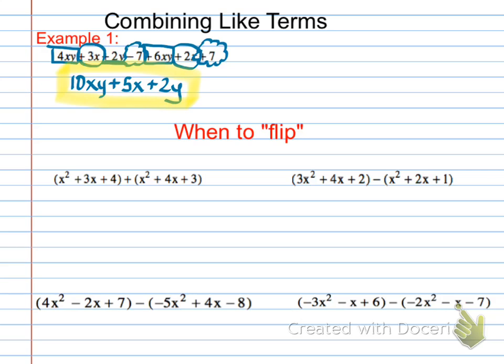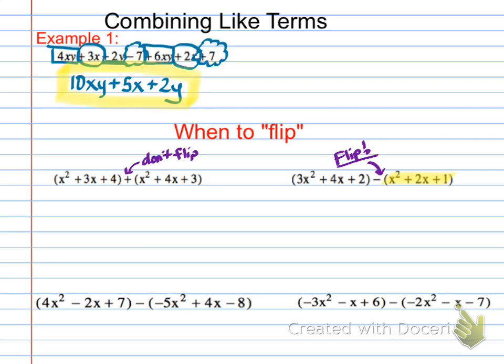But now when we start having to flip, let's review when to flip. When I see that plus, I'm not going to flip because that would mean all the tiles are in the positive section of my algebra board, and so I'm not going to flip anything for that first example. This next one though, I'm going to flip because of the minus. I'm going to flip the group that's being subtracted.